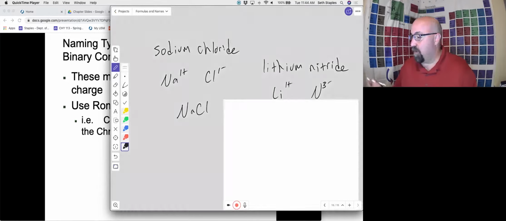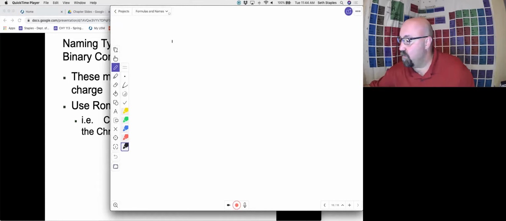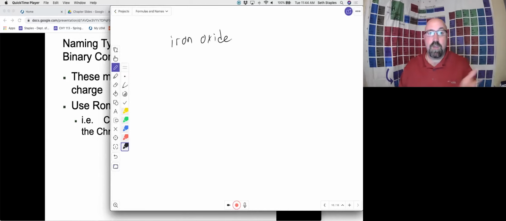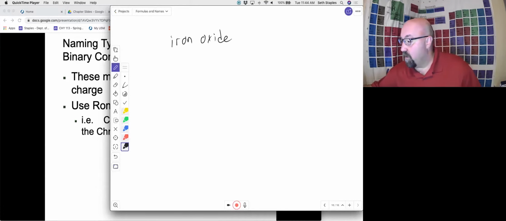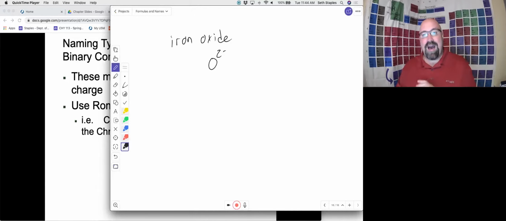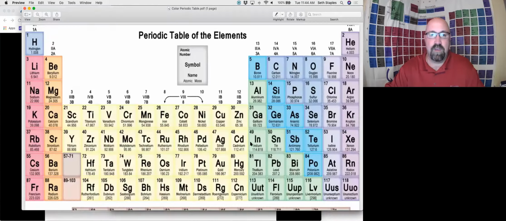Let's look at what happens when it's a transition metal, though. If I just give you the name iron oxide, the oxide's easy enough. We look on the periodic table and we see that oxide is going to have a charge of 2-. But now iron is in that region that we don't really know, that region where we can't really predict things. So here's iron, right here, smack dab in the middle of our transition elements.